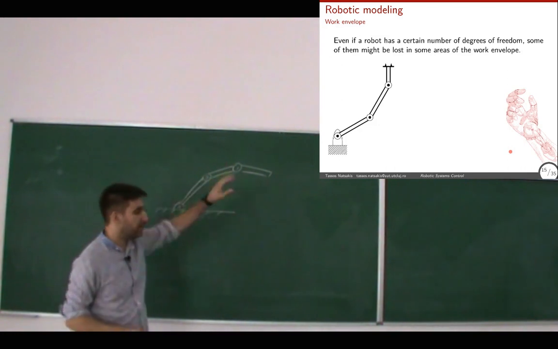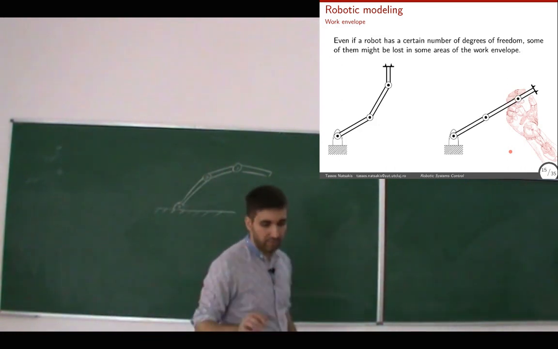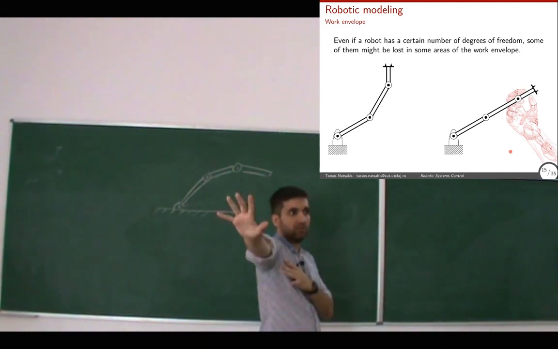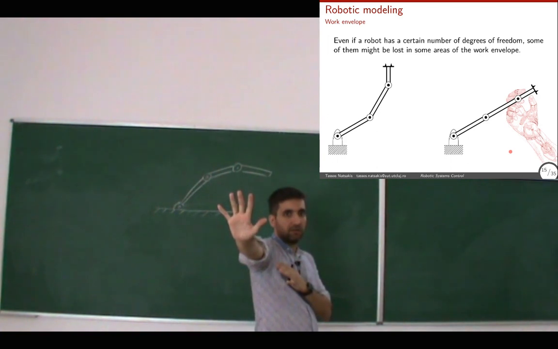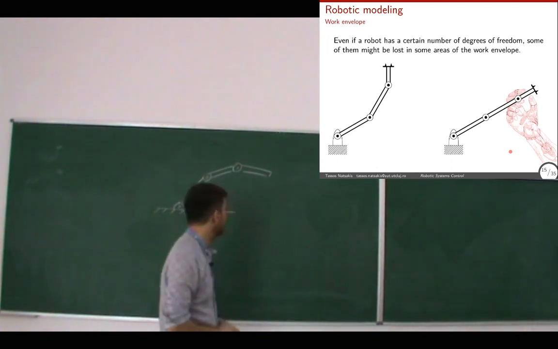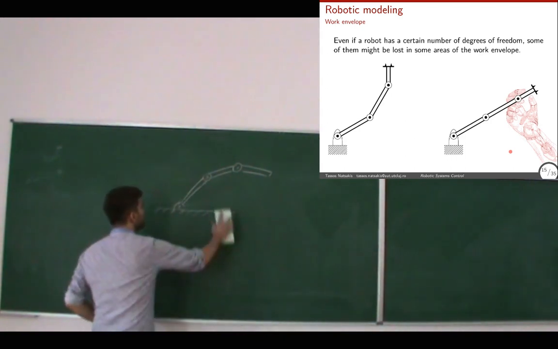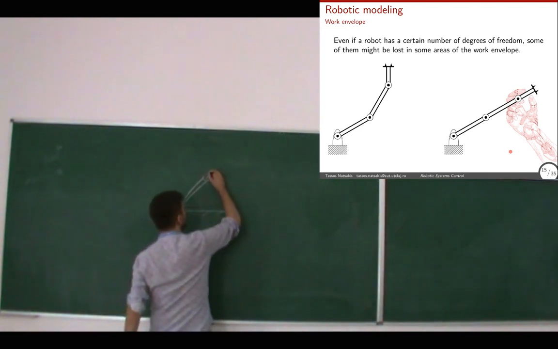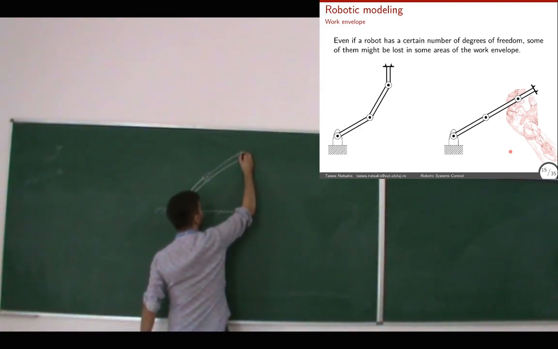If I reach the extent of the work envelope by extending all the joints in one direction, then the robot is losing some of its flexibility and some of its freedom. Just to give you an idea, let's say this is fully extended like in the slide.